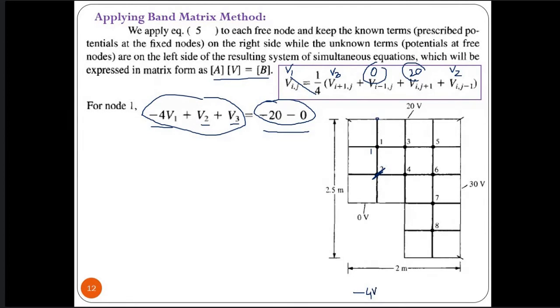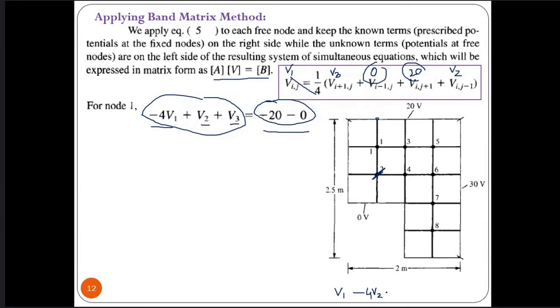Then plus V1. Since I will write V1 first, it will be easy to write in matrix form, so I am writing it on the left hand side of V2.